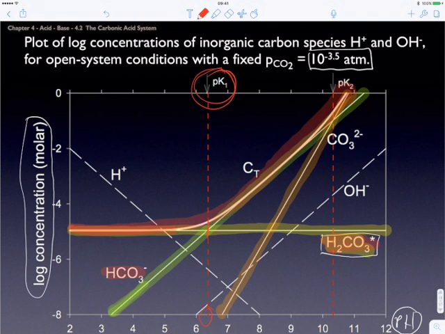Then you have the pKa2 at around 10.33. At this point you have an increase with a slope of 1 of the DIC, and past this point you have an increase with a slope of 2, because you are accumulating both carbonate and bicarbonate.